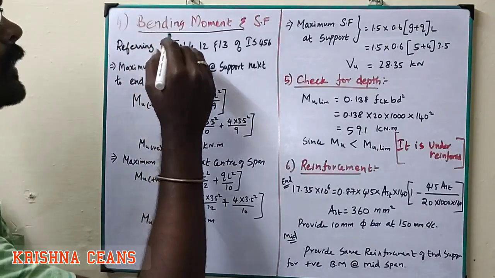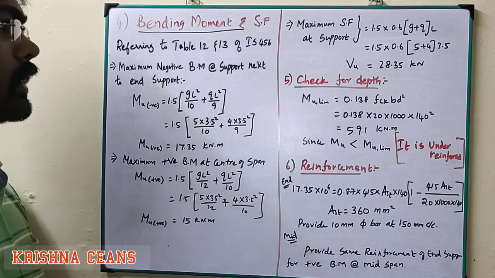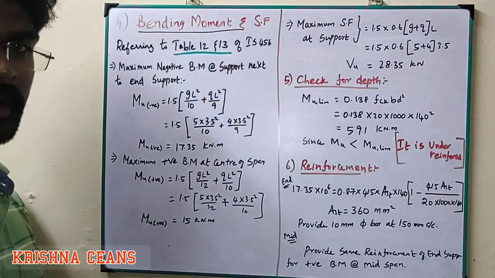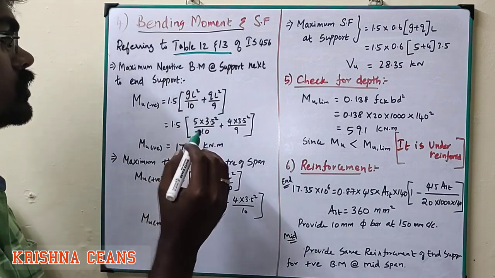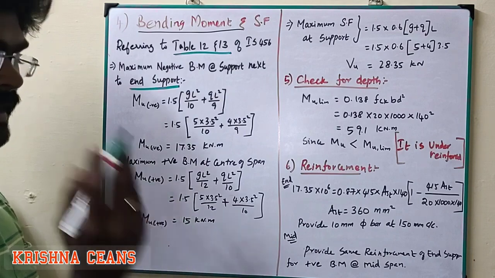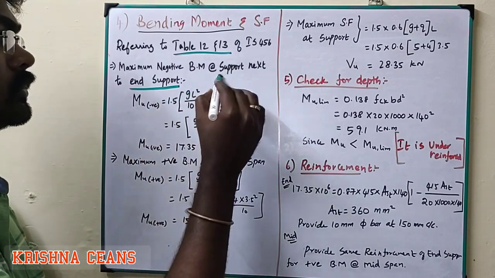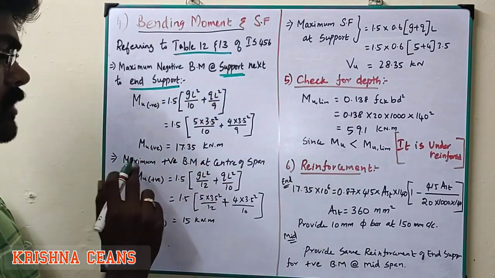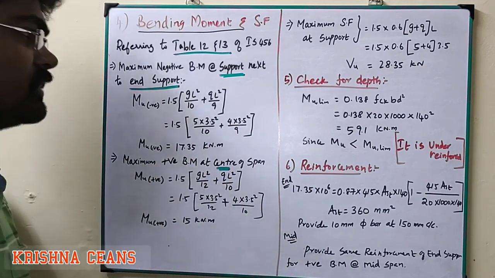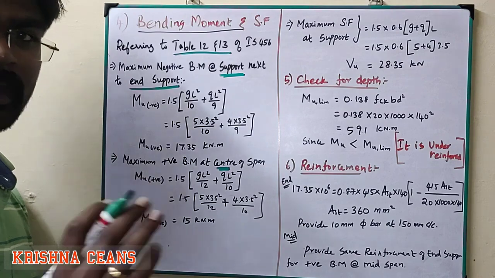Step number 4, bending moment and shear force. As we have discussed, we need to refer to table number 12 and 13 of IS 456. First of all, we need to calculate the maximum negative bending moment at the support, then the maximum positive moment at the center. These are the two categories we have to refer to from table 12 and 13.